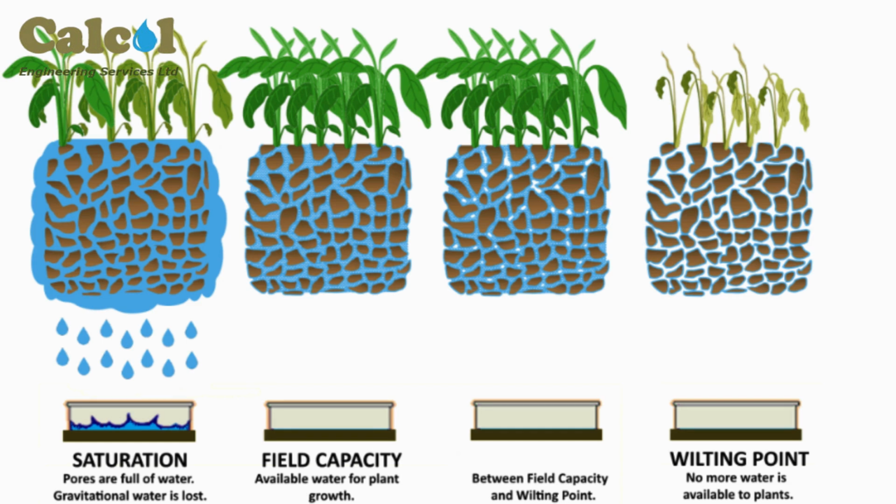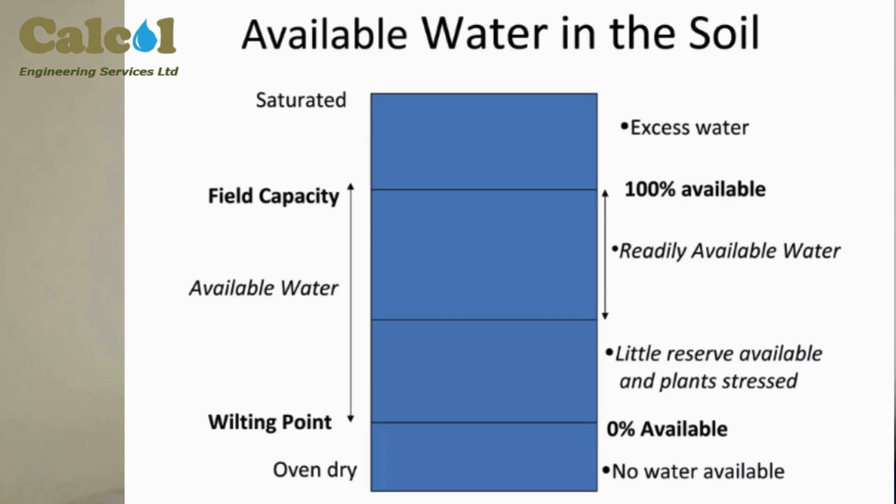The difference between the field capacity and the permanent wilting point is what we call total available water. That is the water that is available to your crops. Determining this water is very important because it is what you need to maintain at a safe level to ensure that it is available for your crops at all times, so that when that level is depleted, or goes down, you now need to do irrigation.